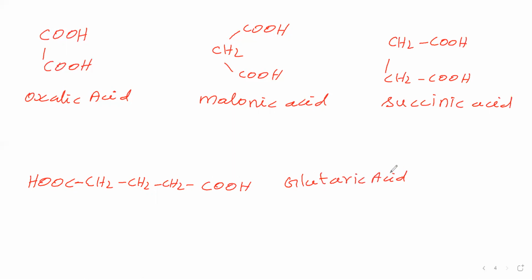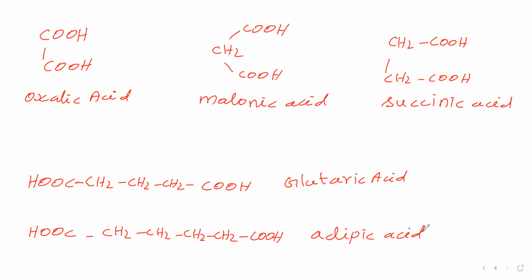Next one, carboxylic acid, CH2 4 times, 1, 2, 3, 4, carboxylic acid. This we will say as adipic acid. Adipic acid. These are common names for these dicarboxylic acids.